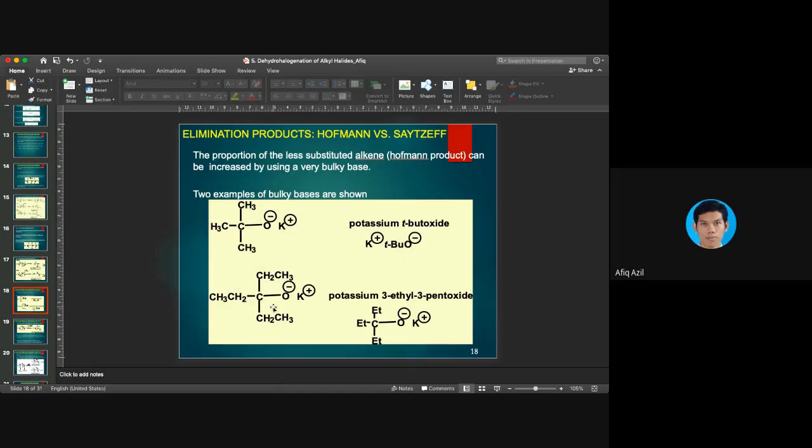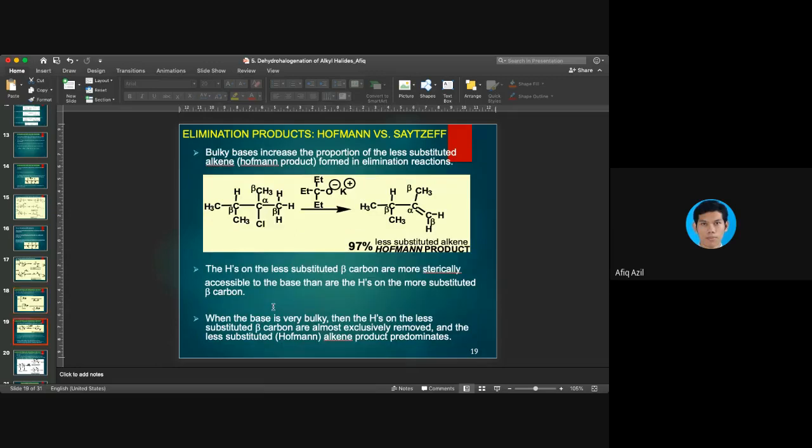So what happens if you use this bulky base? What is the effect? Bulky base increases the proportion of less substituted alkene, which is the Hofmann, formed in elimination reactions. Okay, how? The hydrogens on the less substituted beta carbon are more sterically accessible. That means this structure is big. Okay, it wants to take the hydrogen from these structures.